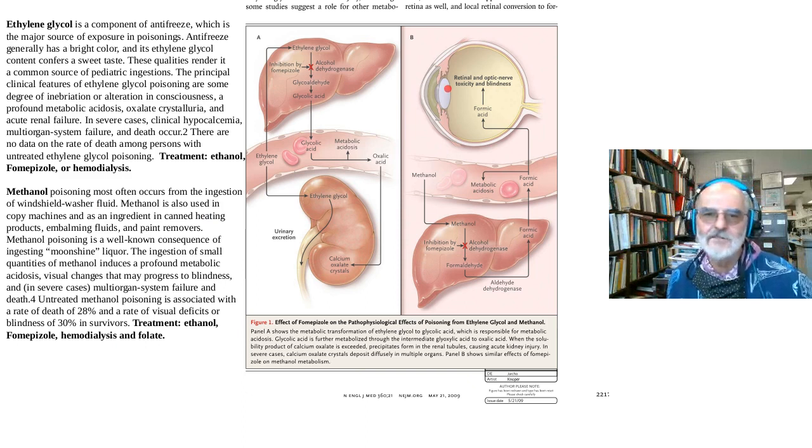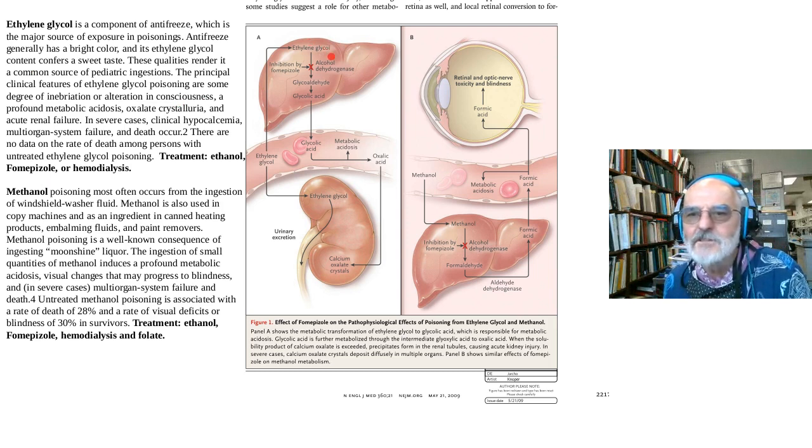Okay. Ethylene glycol poisoning will be broken down just like ethanol, just like methanol. It will be broken down into glutaraldehyde and glycolic acid. Again, it will cause metabolic acidosis. But then this glycolic acid will be metabolized into something called oxalic acid.